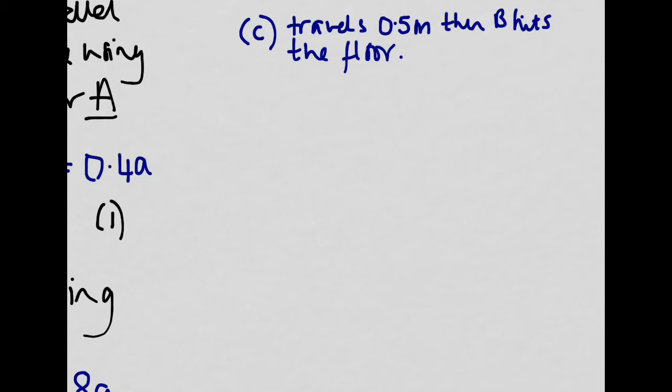So I do know some information that would help me find what that speed is. So I know that for A, that my speed would be 0.